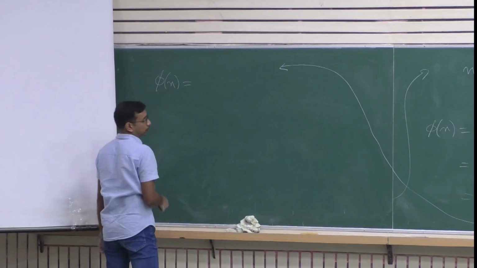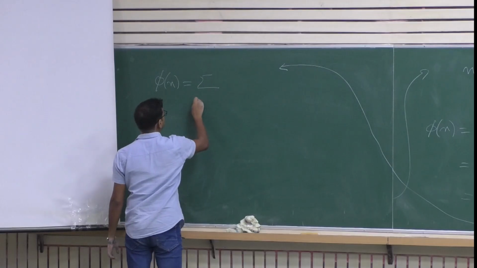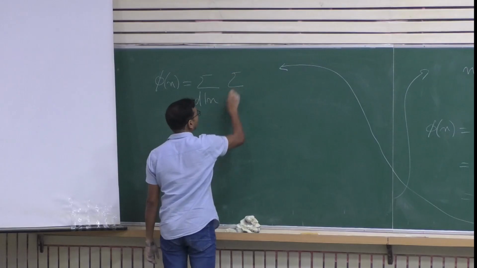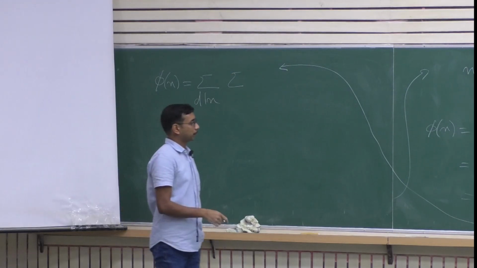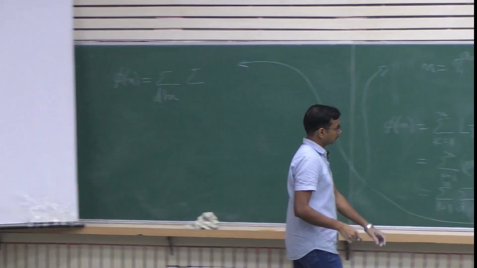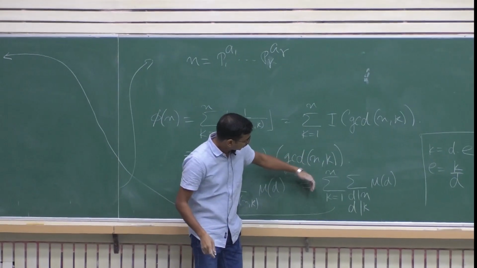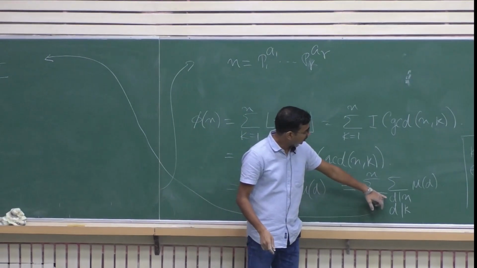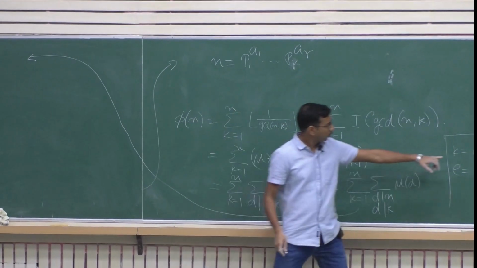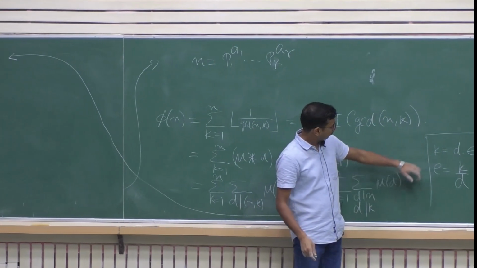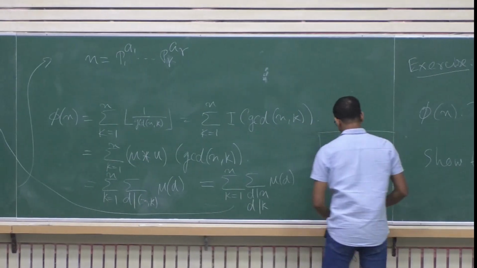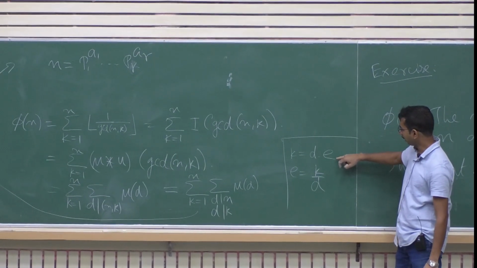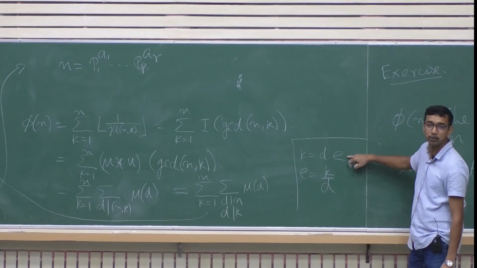So phi of n is equal to the summation over d dividing n, and what remains inside is mu d, where k is d times some number e. e is k by d, and it can grow up to n by d.